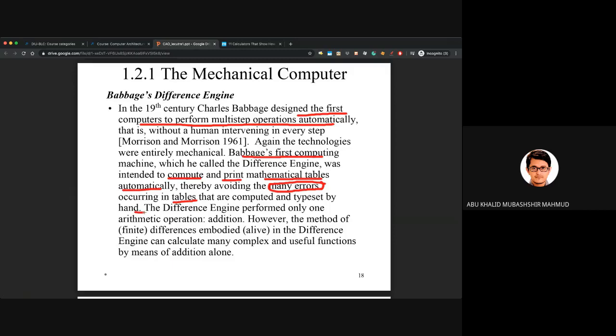While we were using our hand or our mind to calculate and paper to write down the calculations, they might contain some errors. However, this was absent in these mechanical computers because their operations were automatic, free of human error.